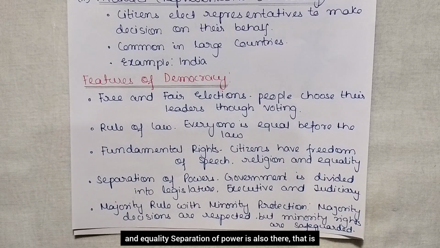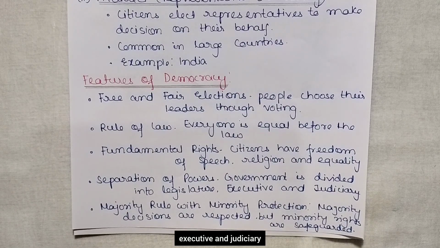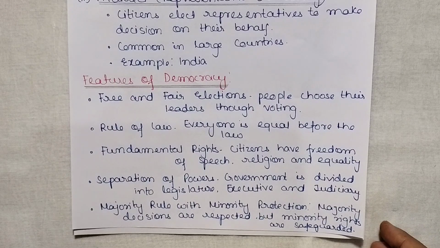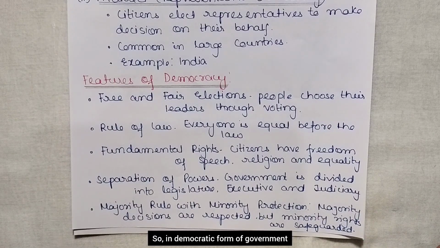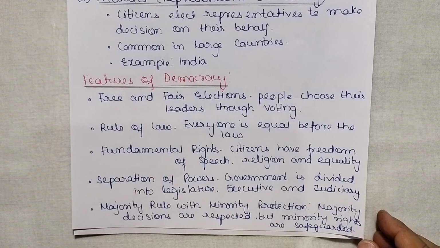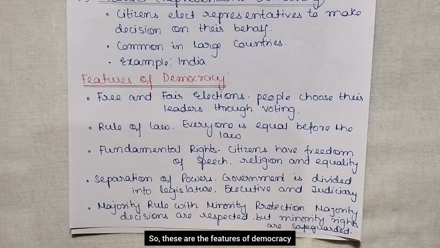Separation of power is also there, that is, the government is divided into legislature, executive, and judiciary. Then majority rule with minority protection. In a democratic form of government, majority decisions are respected, but minority rights are also safeguarded. Okay, so these are the features of democracy.